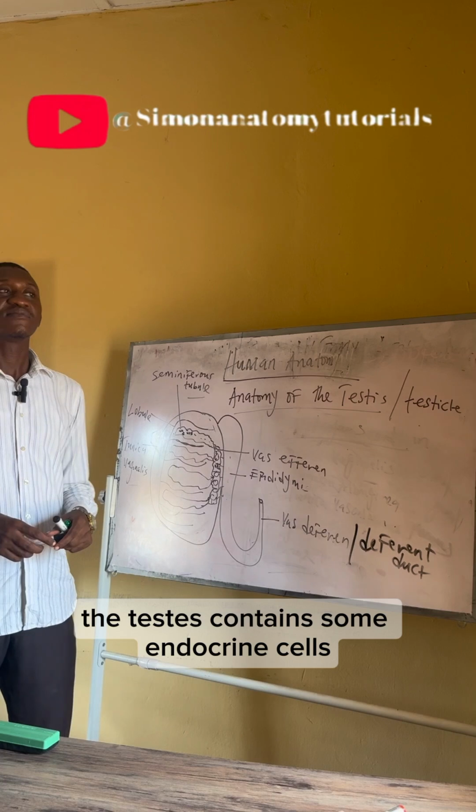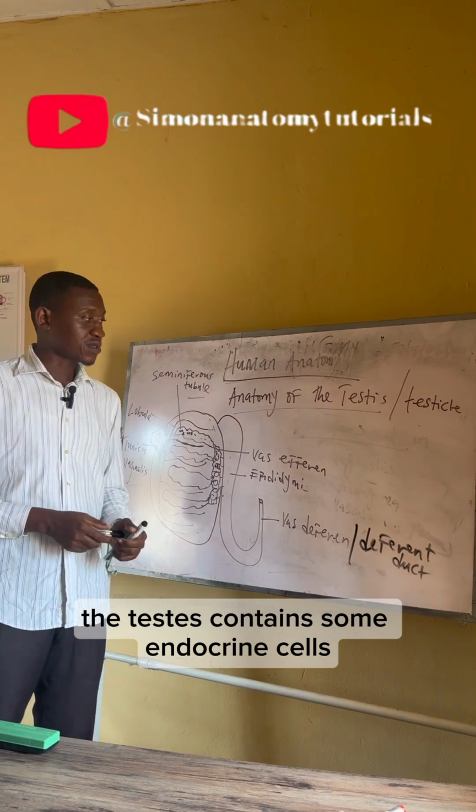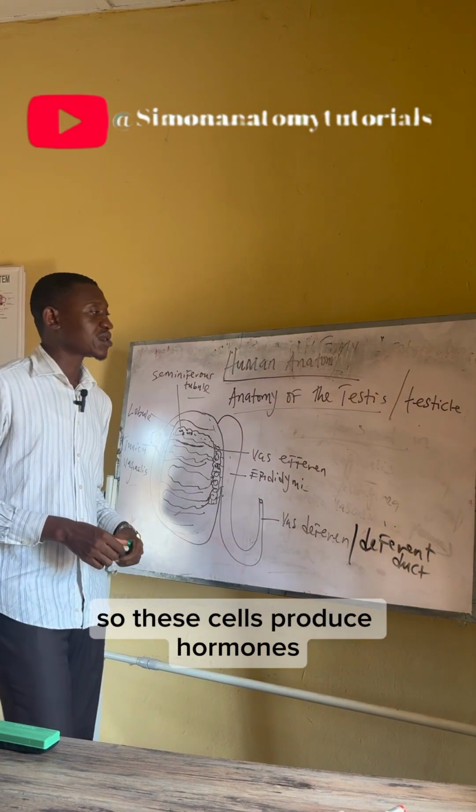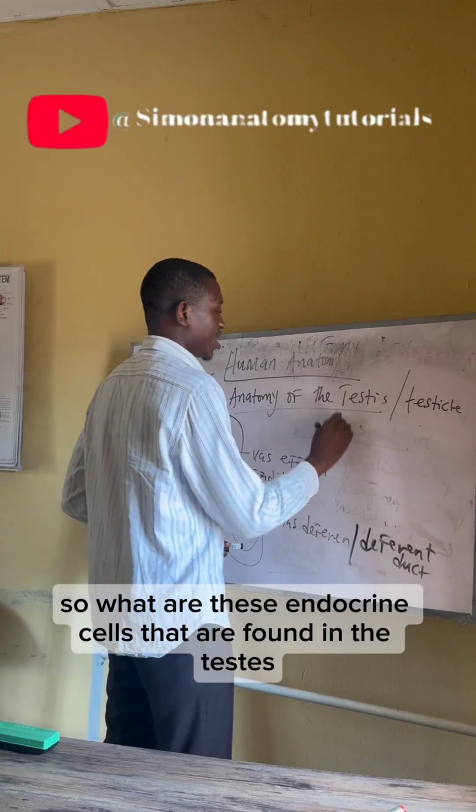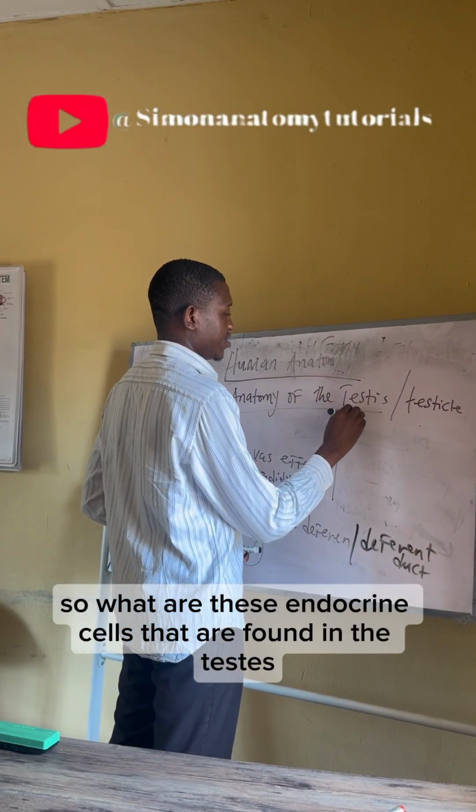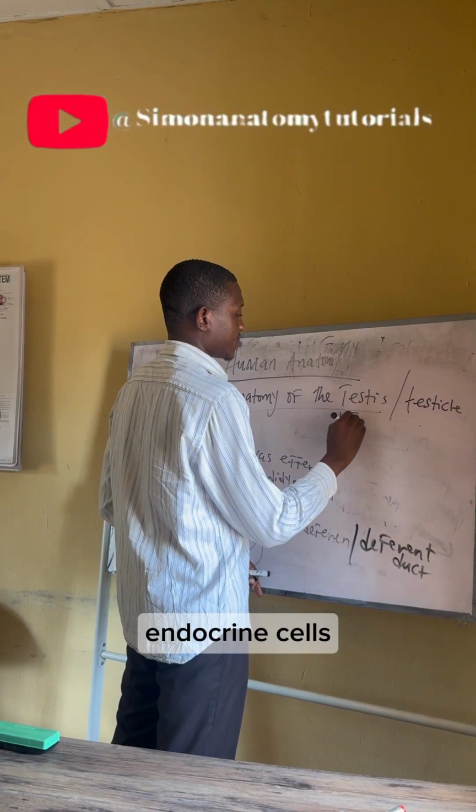The testis contains some endocrine cells. So these cells produce hormones. So what are these endocrine cells that are found in the testis?